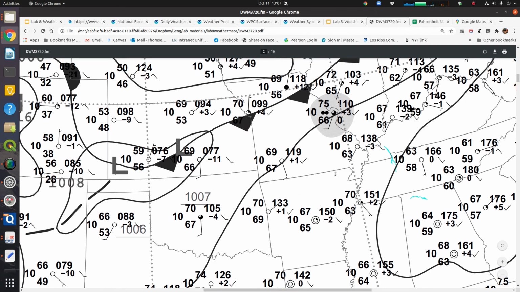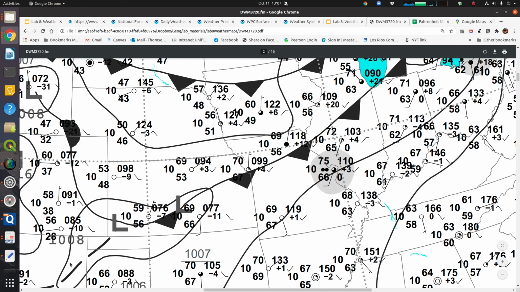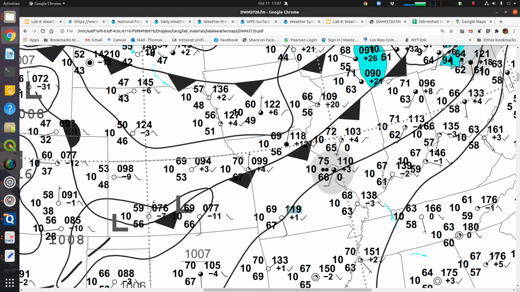This line right in here is the 1012 millibar line, and the air pressure as reported is 11.9. If it's between 000 and 509, you stick a 10 in front, so that would be 1011.9 millibars.